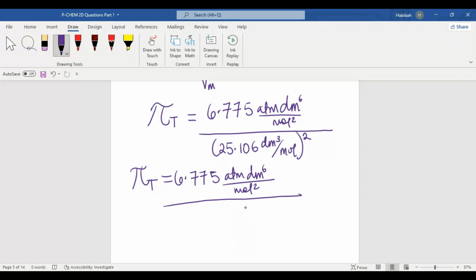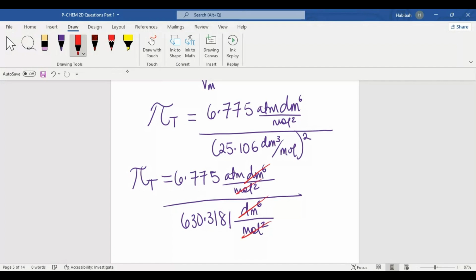So first of all, let's square this unit. dm cubed squared is the same thing as dm6. Mole squared is the same thing as just mole squared. So now 25.106 squared is actually 630.3181. So now we've basically squared the denominator. So of course we're going to do the main thing we do in chemistry calculations, we cancel out the units.